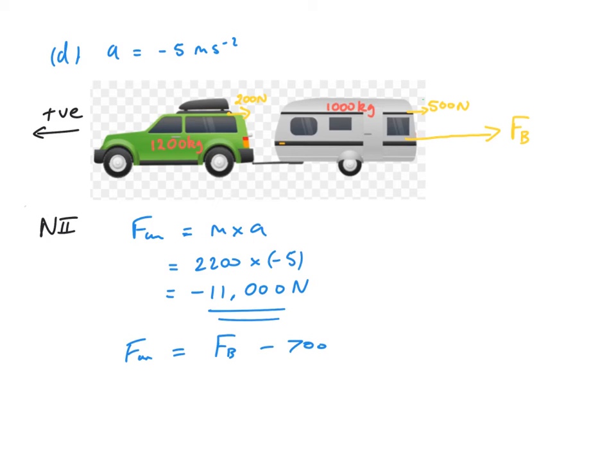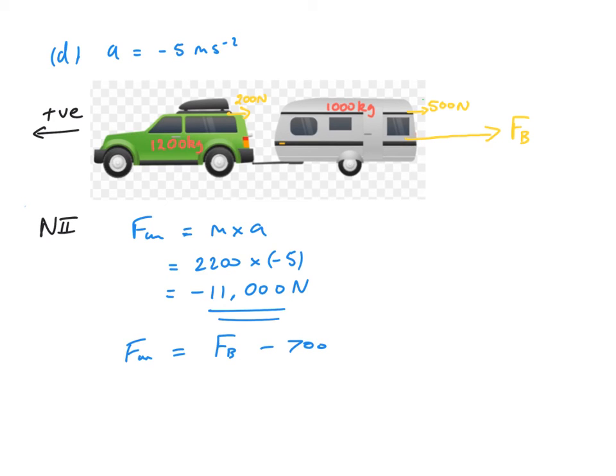Now that's because these two vectors are actually negative vectors as well, so that's why I've subtracted the 700. Okay, because it's two vectors which are acting to the right, so they were already negative. That's why we subtracted them in the first part of the problem as well, because they were acting to the right, which is the negative direction. So you still have to subtract the 700.